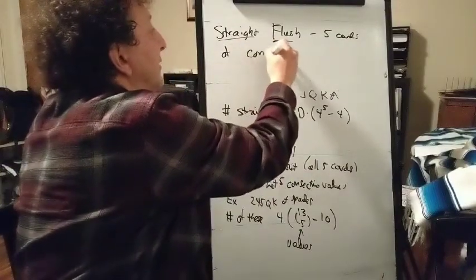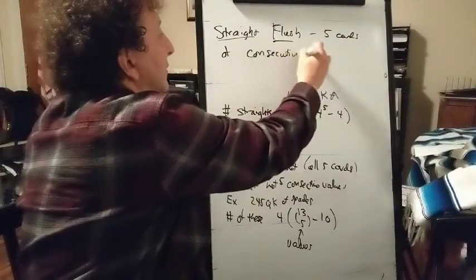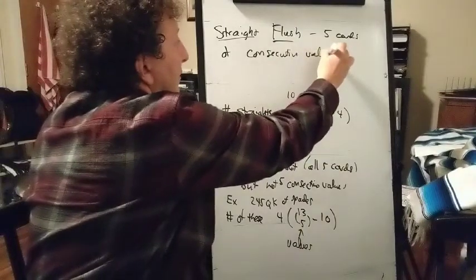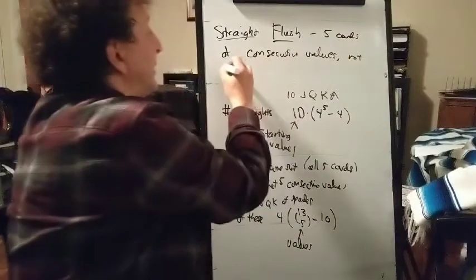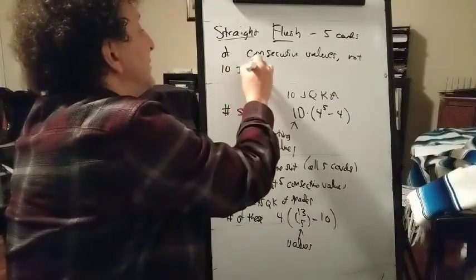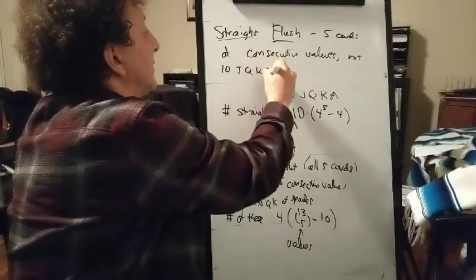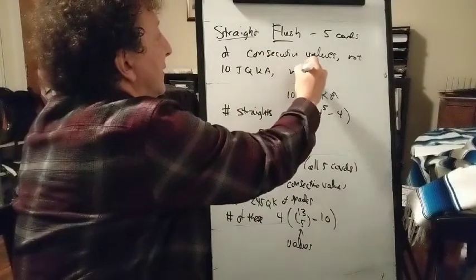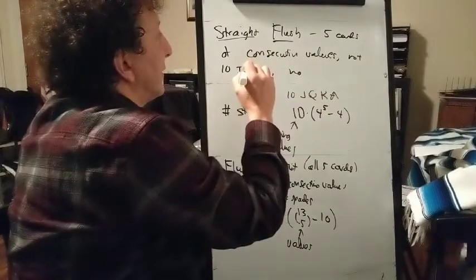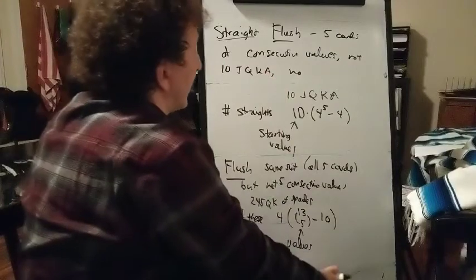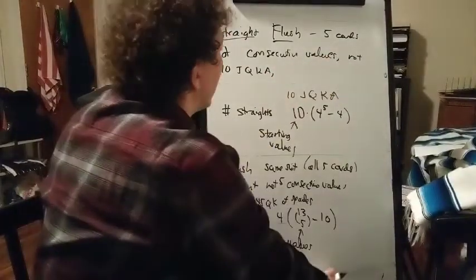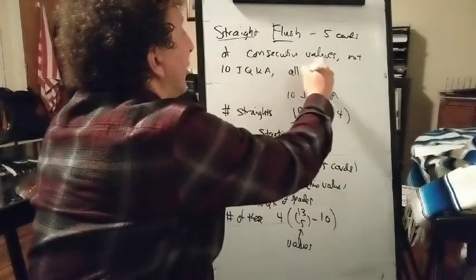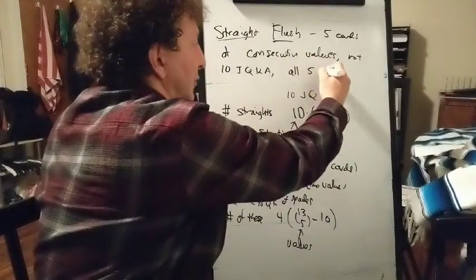So 5 cards of consecutive values. But those consecutive values can't be 10, Jack, Queen, King, Ace. And all 5 have to have the same suit.